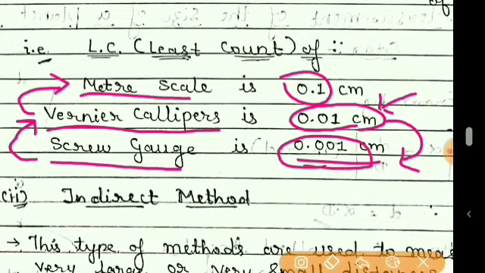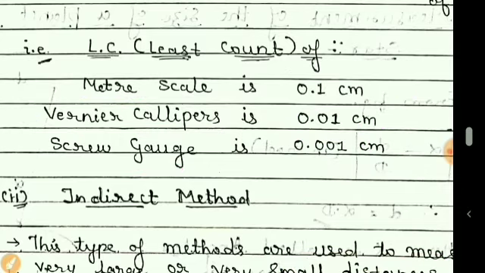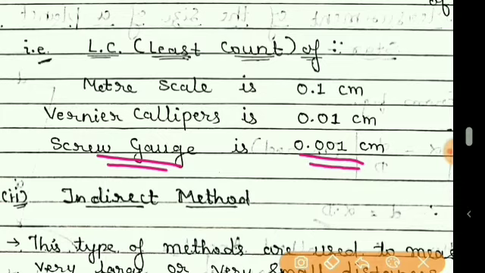It means a screw gauge is even more precise than vernier calipers, because it can measure 10 times smaller than the vernier calipers also. So if you are asked to select the instrument to measure a length of any object or radius of any object, which instrument will you choose? Definitely you will choose the screw gauge, because it is more precise. Its least count is very less.